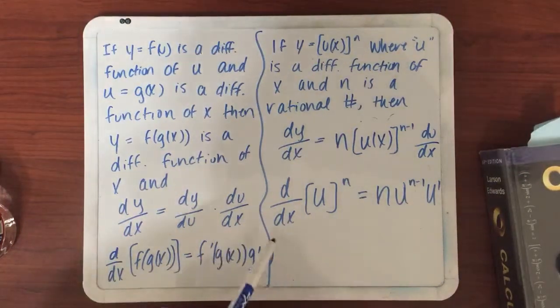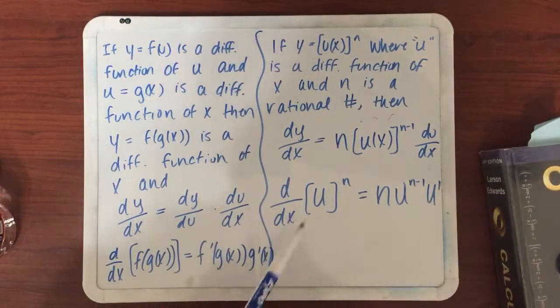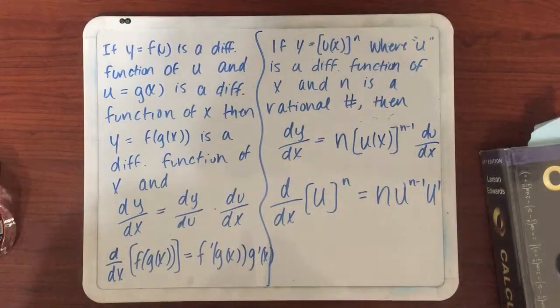And this is the generalized chain rule, and it says if y equals u of x to the n power, where u is a differentiable function of x and n is a rational number, then dy/dx equals n times u of x to the n minus 1 power times du/dx.